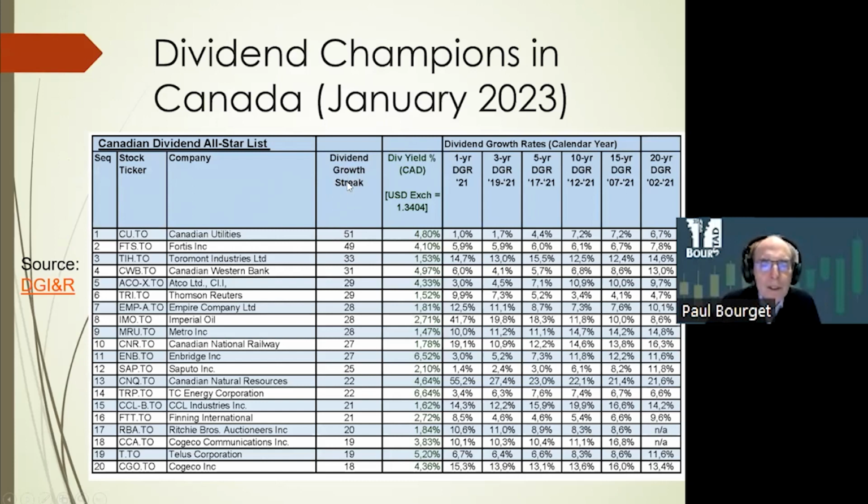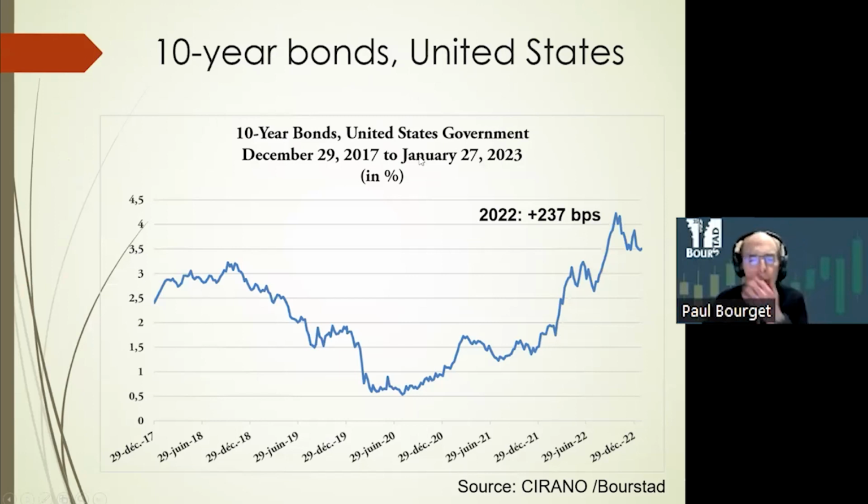So that's the dividend growth streak: Canadian Utilities has increased the dividend for 51 consecutive years, Fortis for 49, etc. Okay, a few indicators. That's the evolution of the 10-year bonds of the United States in the past years. Last year, there was a huge increase in the rate of these bonds.